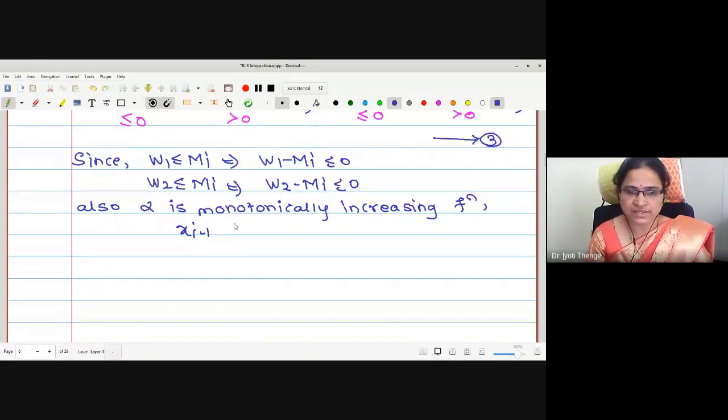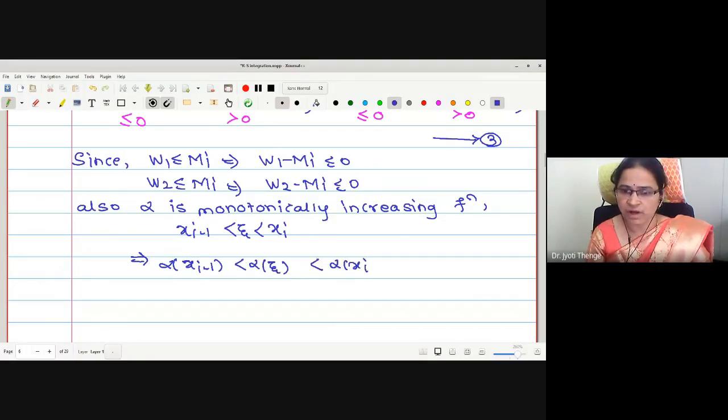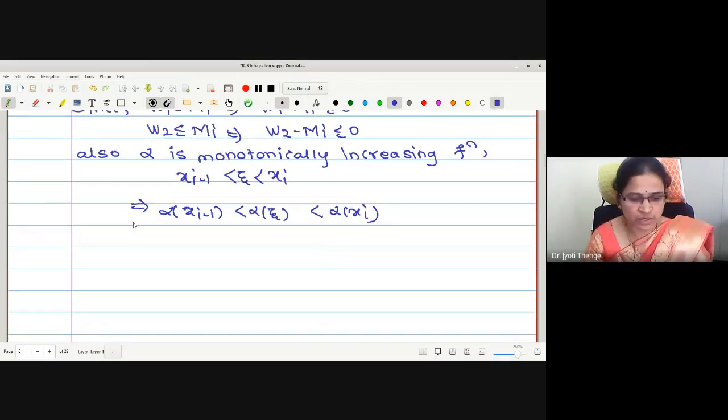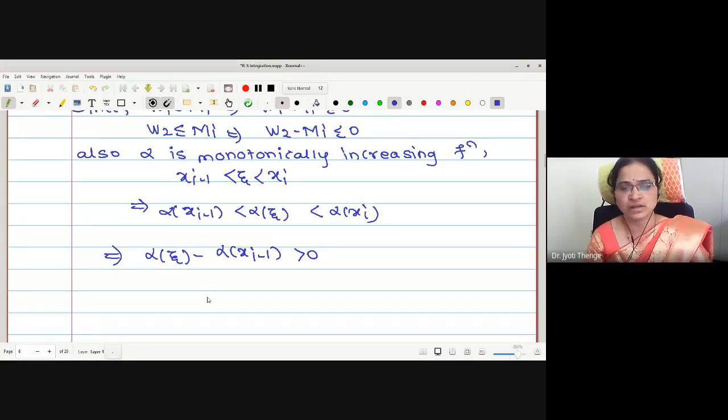Therefore, if I have xi minus 1 strictly less than zeta strictly less than xi, what about the corresponding values? Alpha xi minus 1 strictly less than alpha zeta strictly less than alpha xi. Therefore, what about the value alpha zeta minus alpha xi minus 1? It is greater than 0, no? If I shift alpha xi minus 1 to the right, then this will be greater than 0. Similarly, what about alpha xi minus alpha zeta?